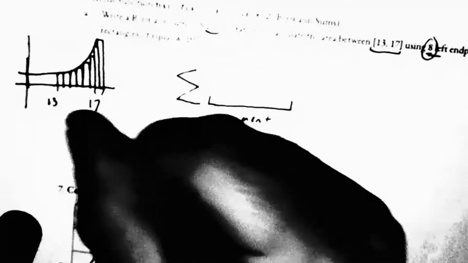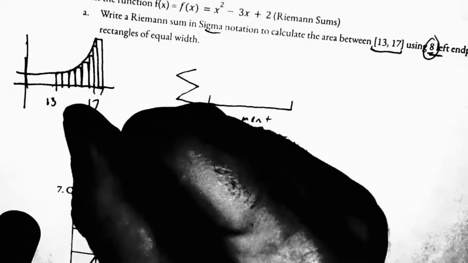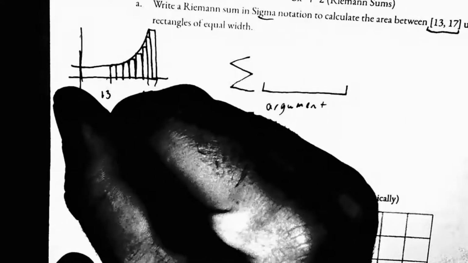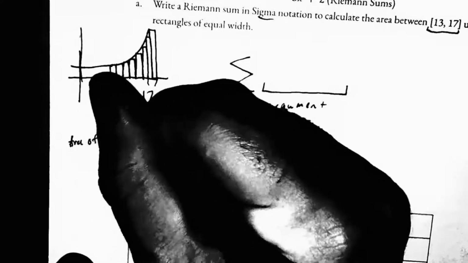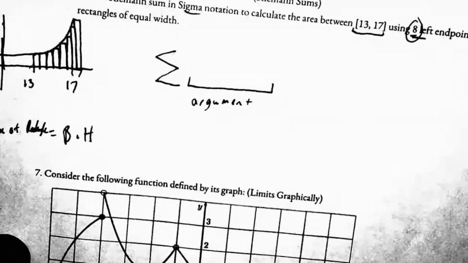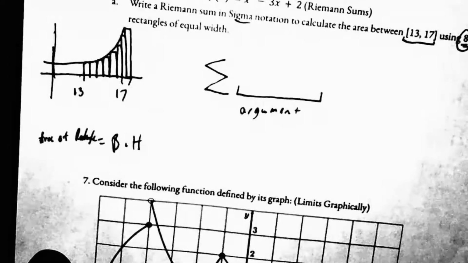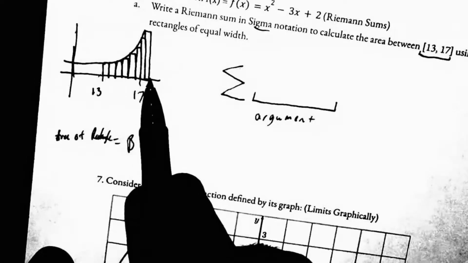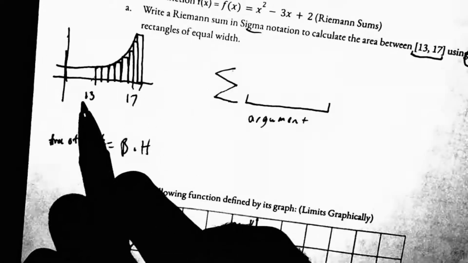Area of a rectangle is base times height, right? So you're adding a bunch of base times heights. What's the base of each of these rectangles? That's the easy part. We're going from 13 to 17.